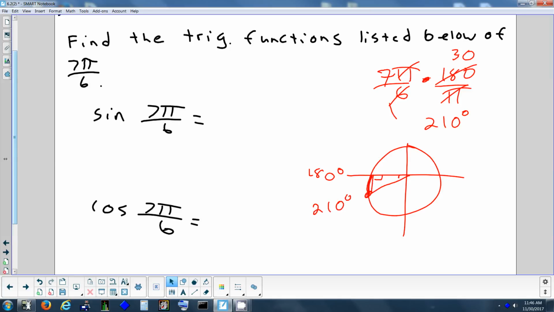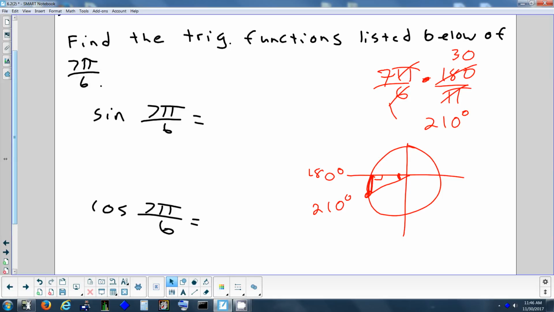What does that mean the part at the bottom would be? 60. So this is a 30, 60, 90 right triangle. Another way you can tell is 210 is not a multiple of 45. Take 210 and divide by 45, it doesn't work. Since it's a multiple of 30, you're using the 30, 60, 90.